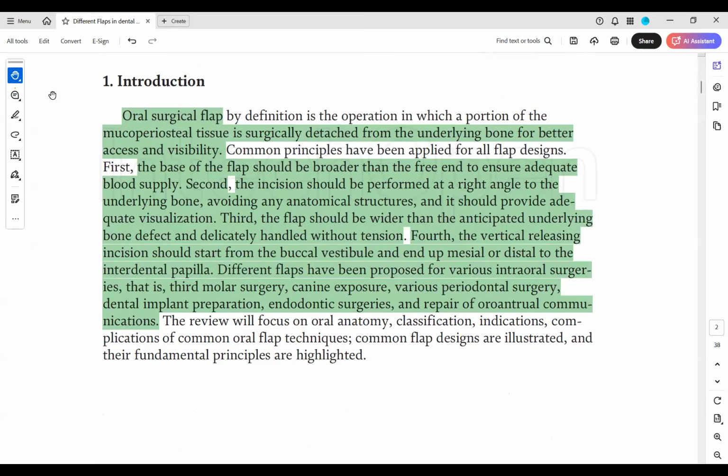So now, why do you need to raise a flap? Sometimes when you are referring your patients for any kind of surgery, whether it's third molar surgery or endodontic surgery, in cases where your endodontic treatment fails and there is a barrier to retreatment from the orthograde route, then endodontic surgery is indicated.